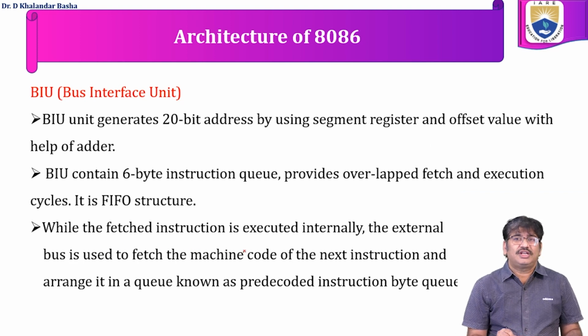When the fetched instruction is executed internally, the external bus is used to fetch the opcode of the next instruction and arrange it in the queue, known as the pre-decoded instruction byte queue. With this instruction queue, the 8086 processor has a pipeline architecture.